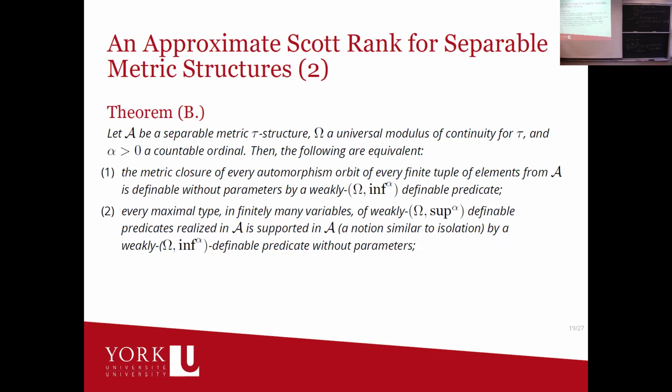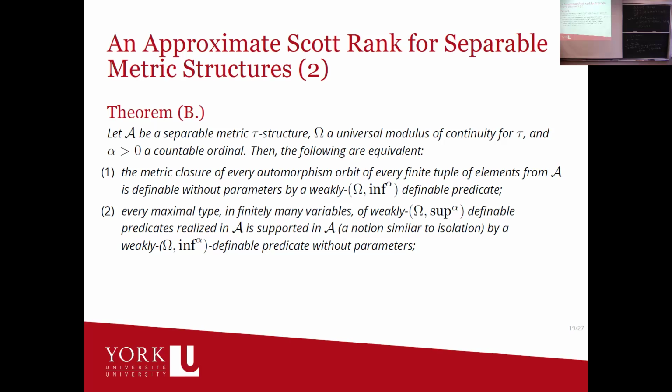If I have time, and I probably won't, I'll tell you what isolation means, because it is a little bit weird. I'll throw out this comment, something that Ilias learned in a paper of his and Magidor: omitting types in continuous logic is weird. But these two are the same.